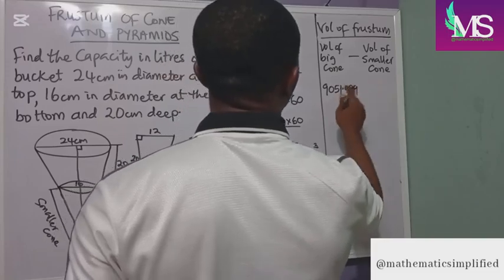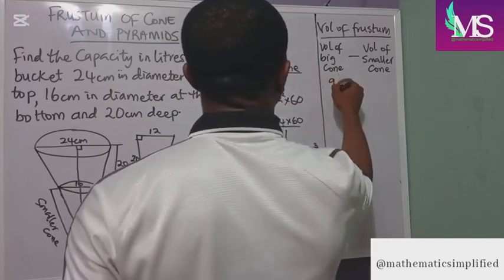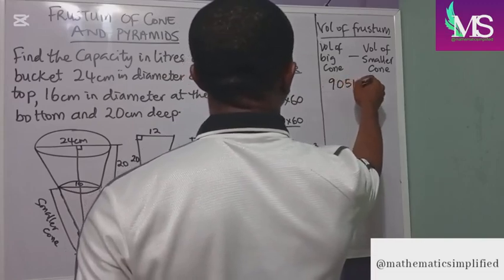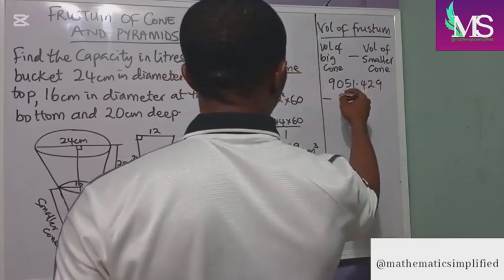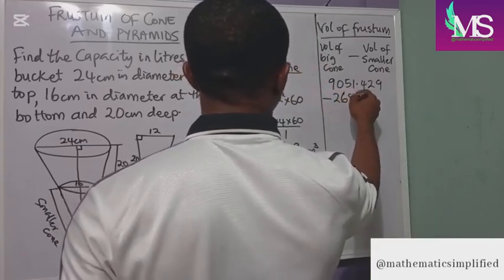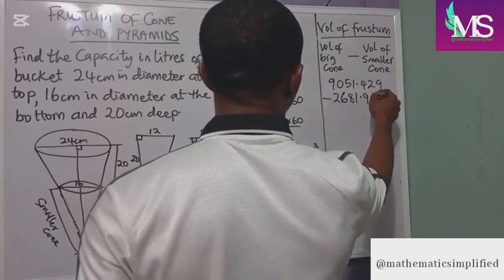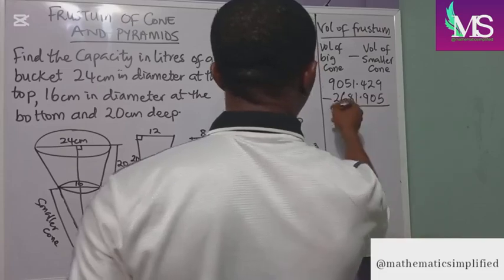Now our volume of big cone is 9051.429. Okay, let me make it big. 9051.429 minus 2681.905.